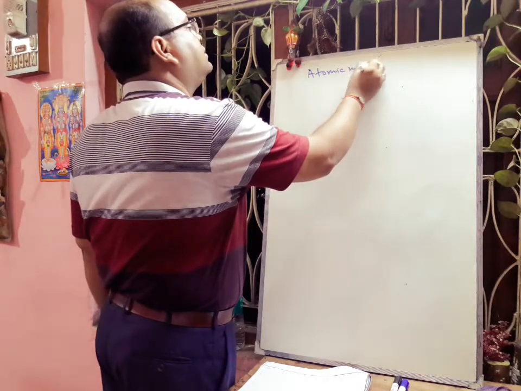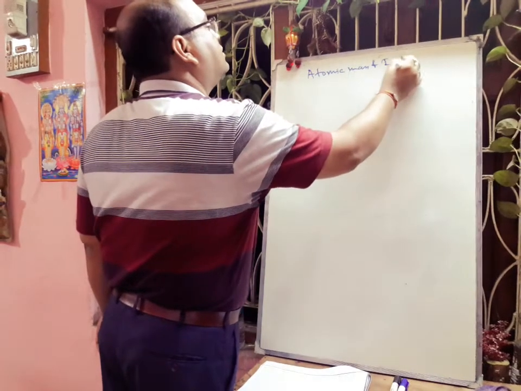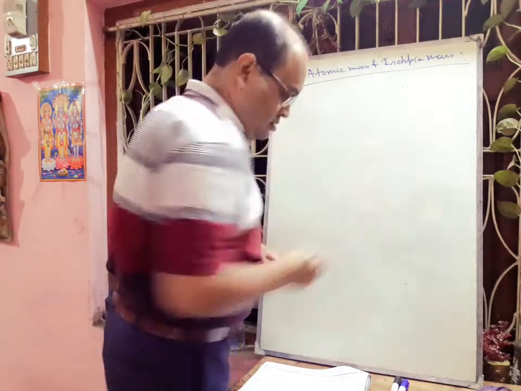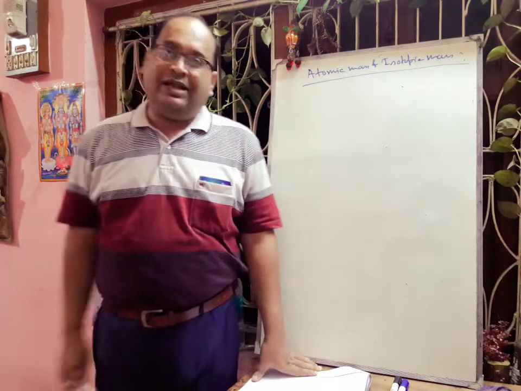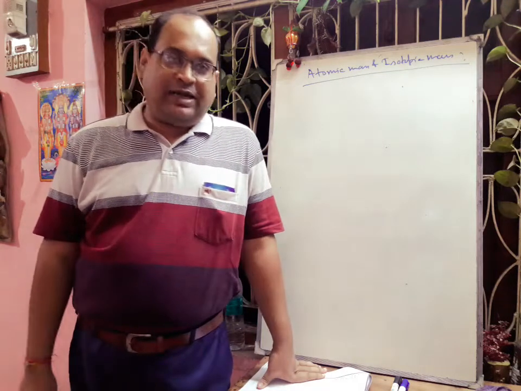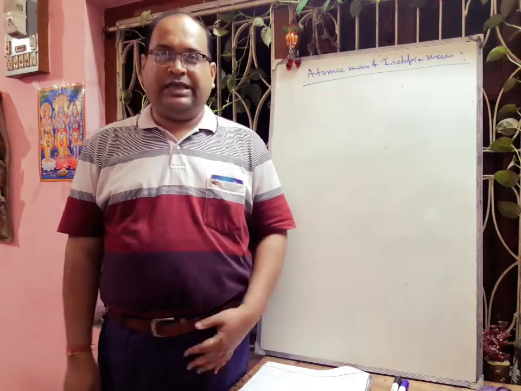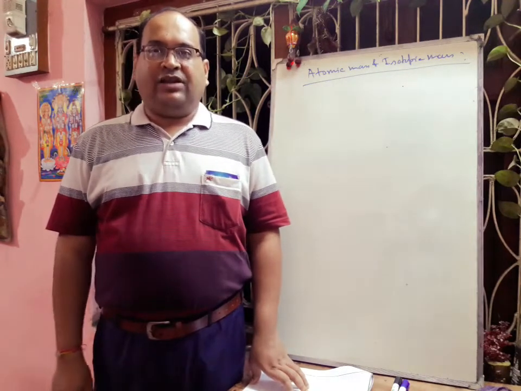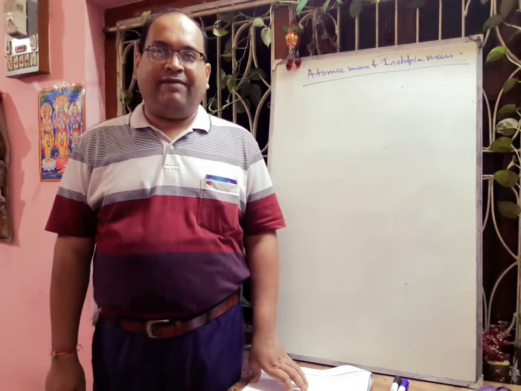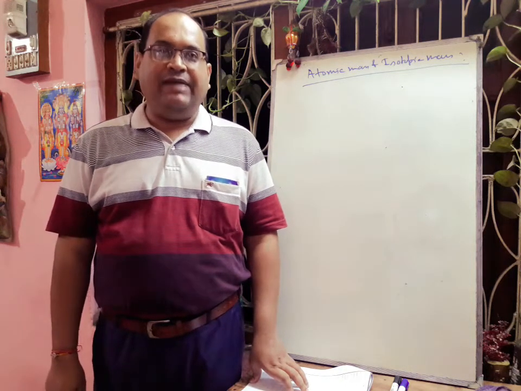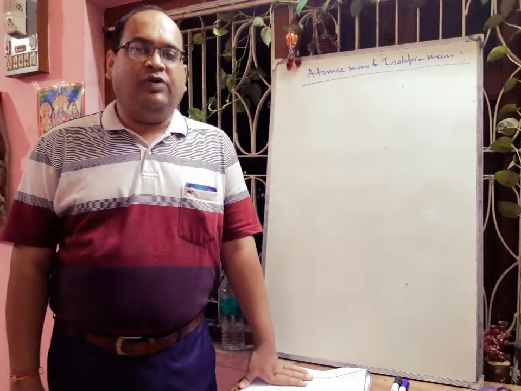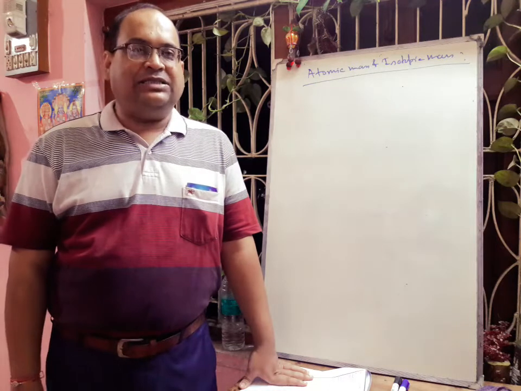Atomic mass and isotopic mass. You already know about atomic mass from your lower class, from class 10. Again I will explain it. The atomic mass of an element is the average relative mass of an atom of the element as compared with the mass of a 12C atom taken as 12 units.